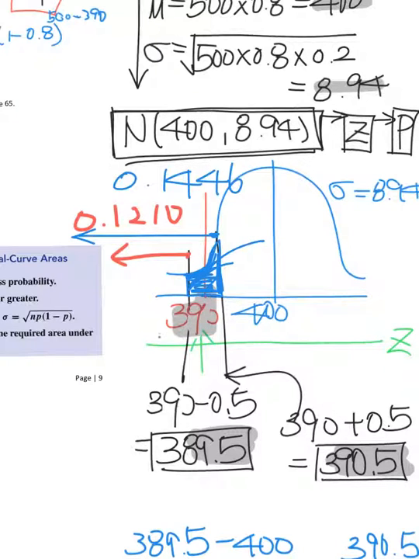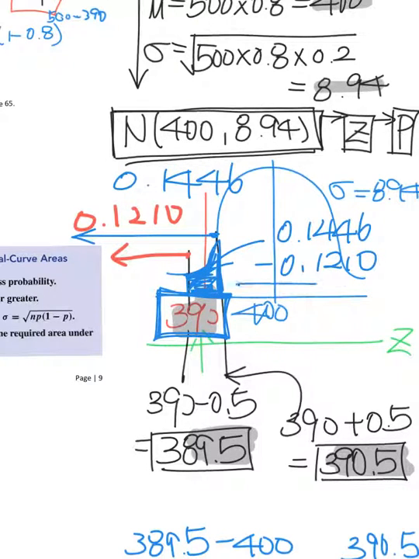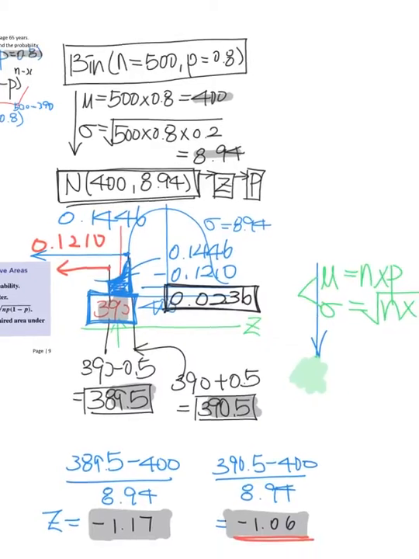So the probability at 390, approximately, is 0.1446 minus 0.1210. It will be 0.0236. Yeah, it is a long calculation.